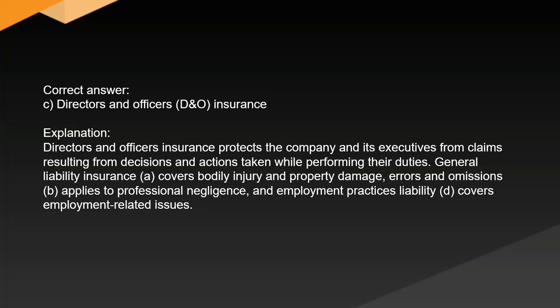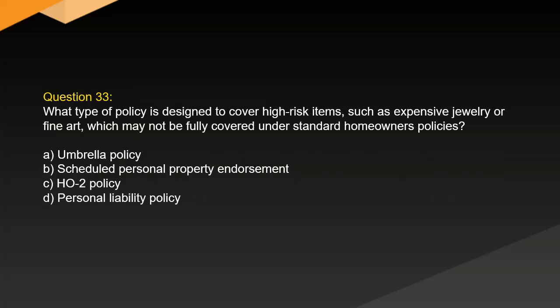Explanation: Directors and officers insurance protects the company and its executives from claims resulting from decisions and actions taken while performing their duties. General liability insurance (A) covers bodily injury and property damage, errors and omissions (B) applies to professional negligence, and employment practices liability (D) covers employment-related issues.